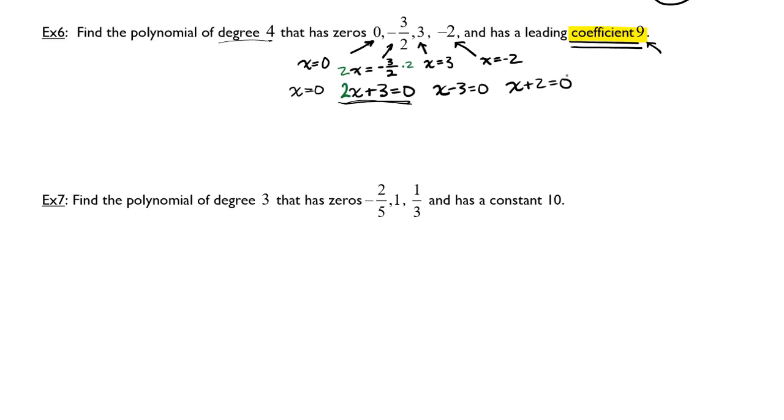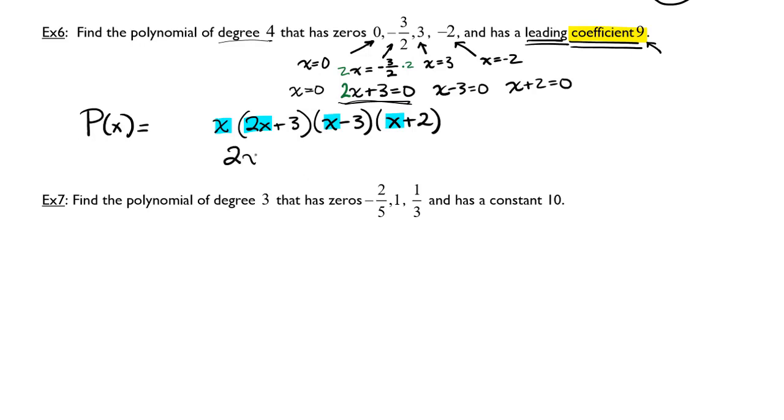The last part of this is to rewrite them and figure out what number will need to be in front to make my leading coefficient 9. I'll have an x, I'll have a 2x plus 3 times an x minus 3 times an x plus 2. Now since it's a leading coefficient, I need to multiply all the leading terms in each binomial to each other.